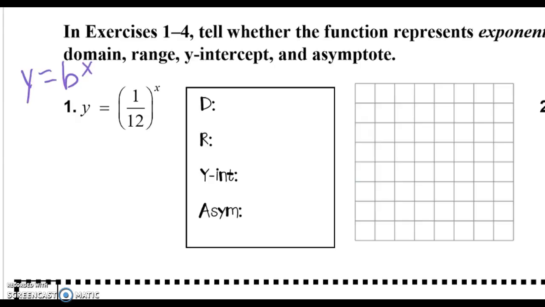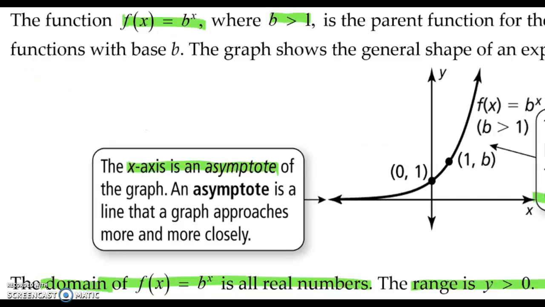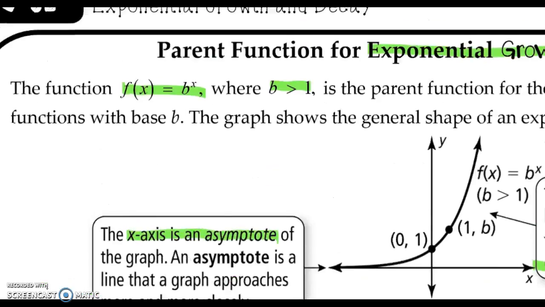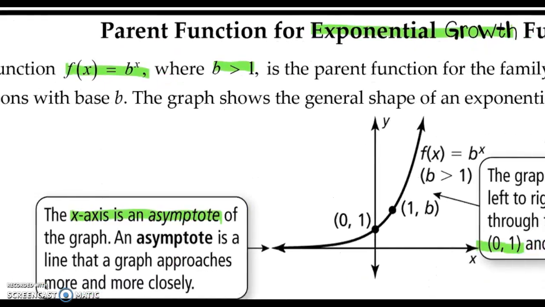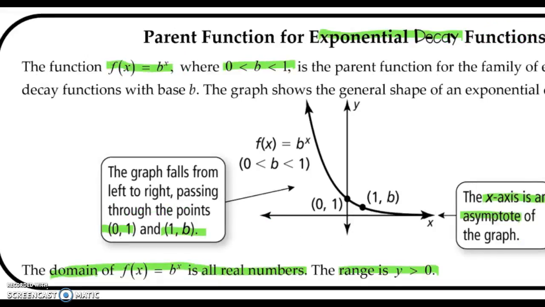Here, b is 1 over 12, so we need to figure out whether that's decay or growth. If we look at the first page, it says b is greater than 1, we have an exponential growth. And if b is between 0 and 1, then we're going to have an exponential decay. 1 over 12 is between 0 and 1, so that means that our function is an exponential decay.